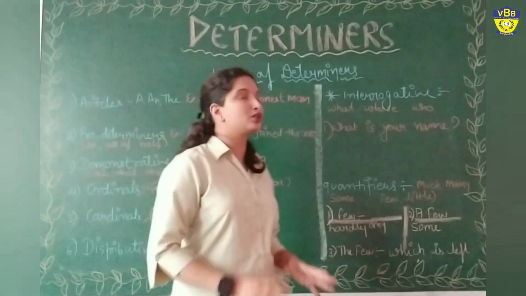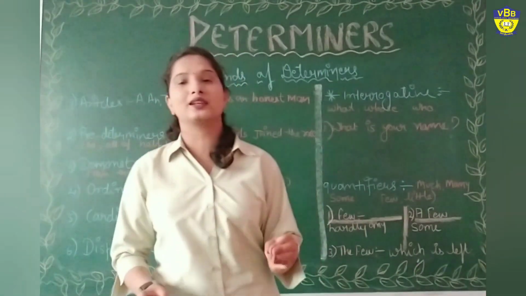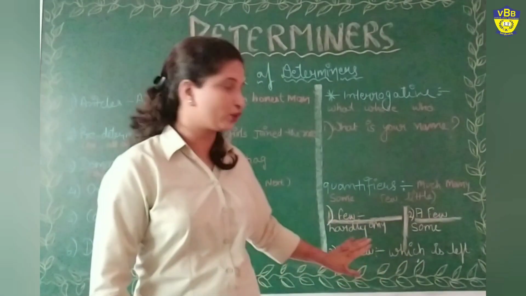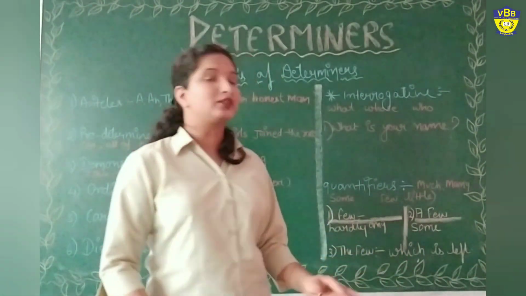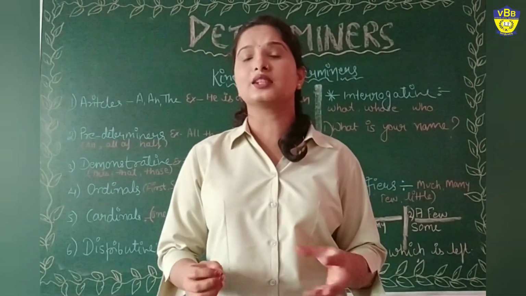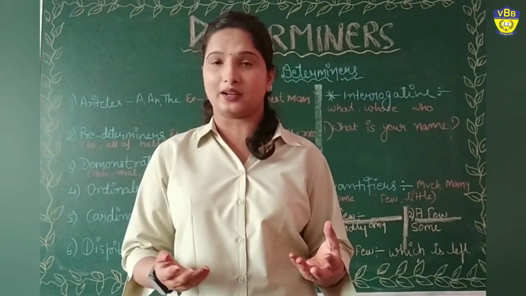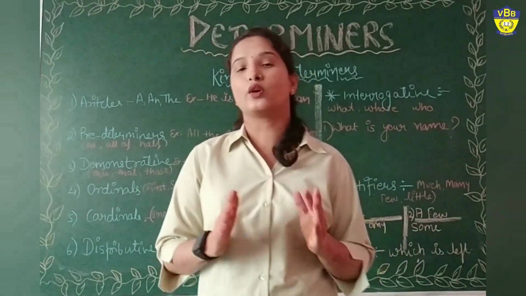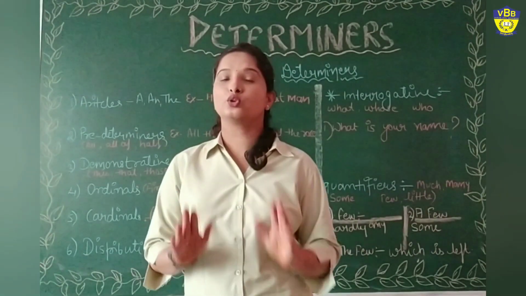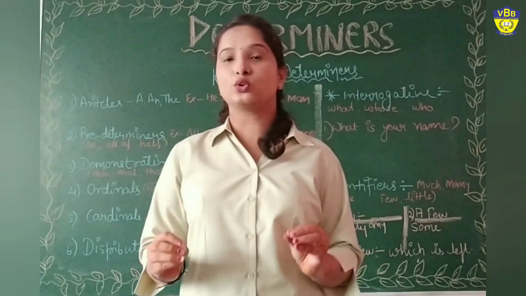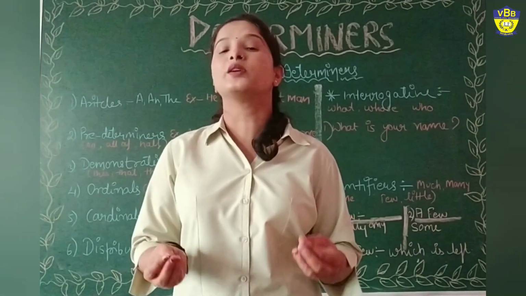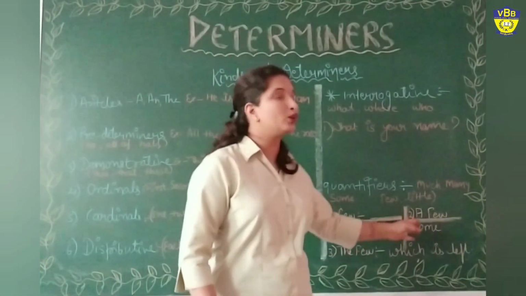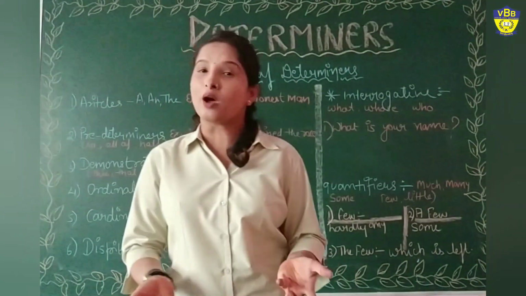Okay. Now let's talk about where you will have to use few, a few, and the few. Few is used whenever there is something in a very small number. If the number of that thing is more than few, you will use a few. For example, if you need to do a work in which two persons are required, you can say, I have a few friends that can solve my problem.